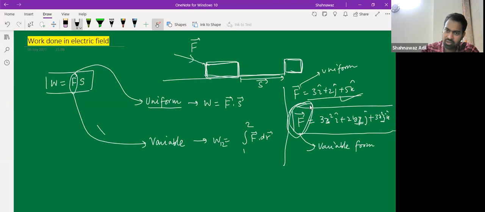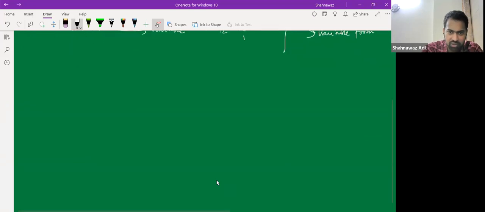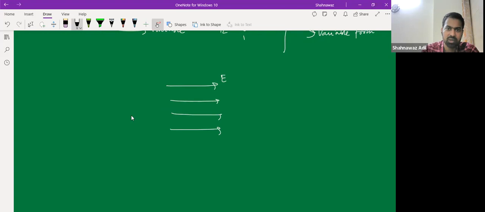Now that mechanical force will change to some Coulombic force, or some external force. Let's say that you are in some electric field, and in here you have some charge Q.